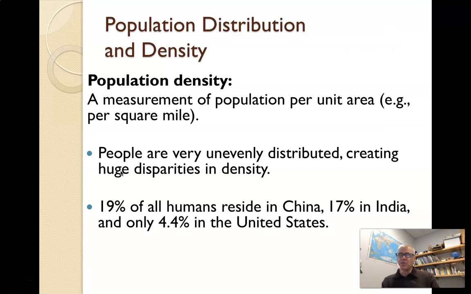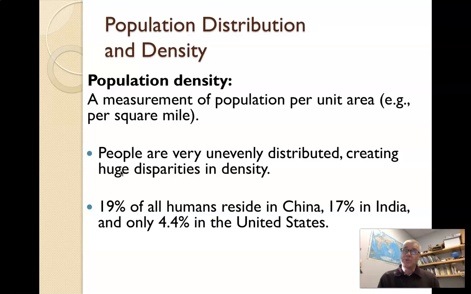So to start with, in terms of measurements of population, we tend to talk about population not just in terms of numbers of people, but how many people there are per, say, square mile, in a unit of area. And the reason is it gives us a much better idea of what life is like in those places. So for instance, New Hampshire has about 1.2, 1.3 million people, but they're spread out over the whole state.